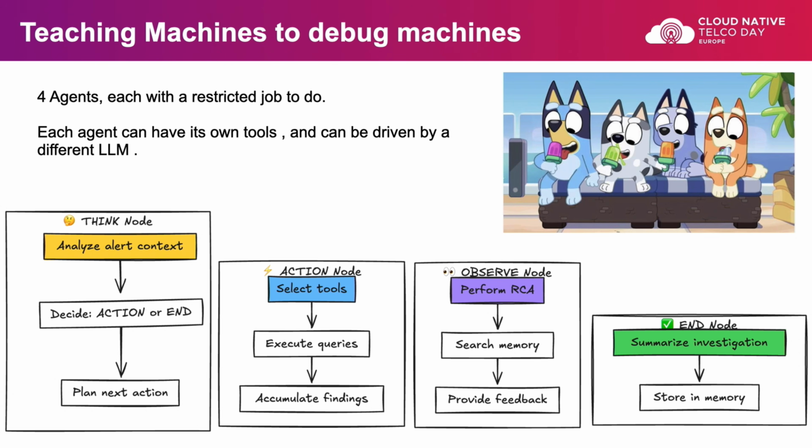It will check logs inside Loki itself. It will search for patterns on the metrics. And it will forward all this information together back to the think node. The think node will then say, okay, I either have enough information to conclude on a root cause for this, or I'm going to need to ask for extra information from the other nodes. And it does this in a loop until the think node is satisfied.